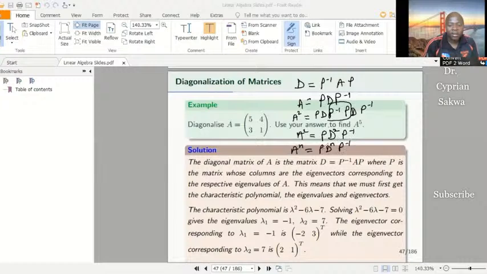This is very important knowledge that I'll be using to get a square of a matrix, and I can use the same knowledge to get the square root of a matrix, or even the cube root, or the fourth root, so long as that matrix is a positive matrix.